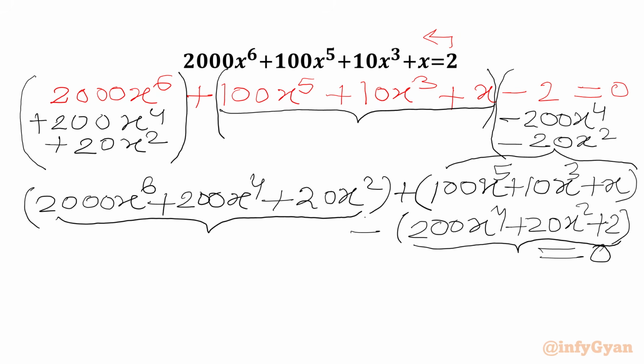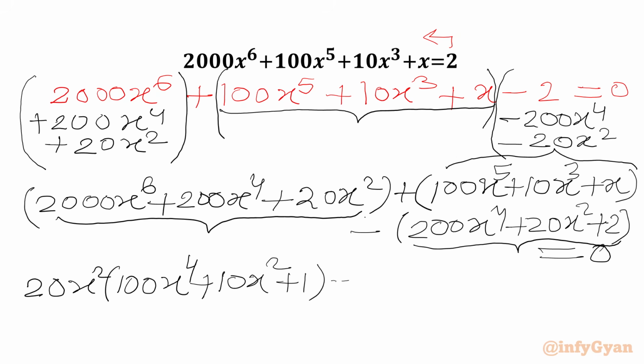common from this bracket. So we are going to get 20x square in the bracket 100x power 4 plus 10x square plus 1.